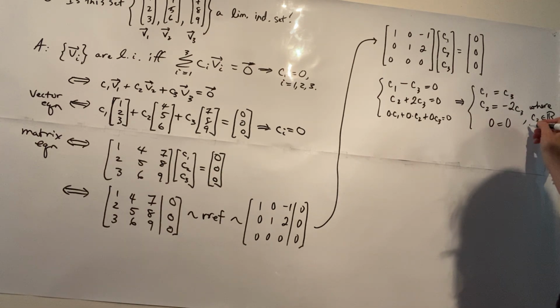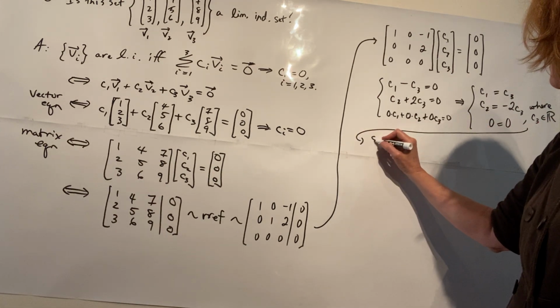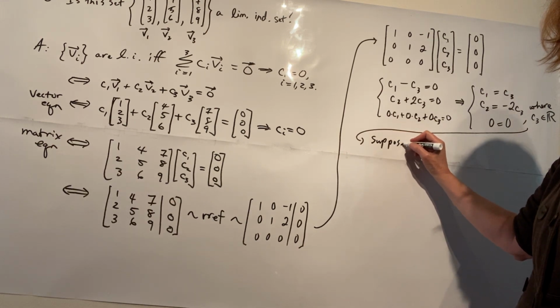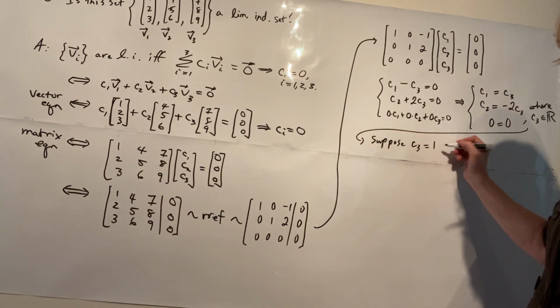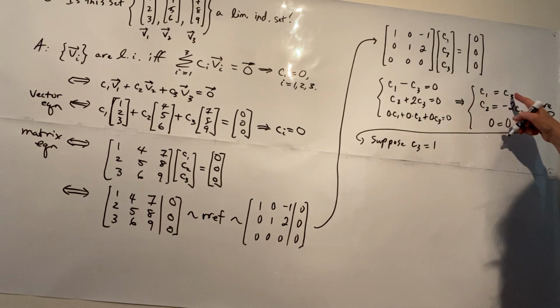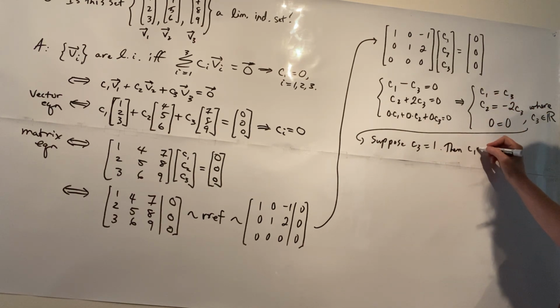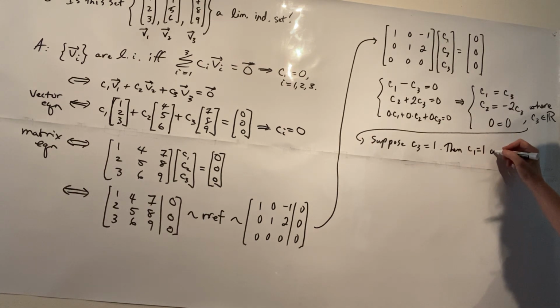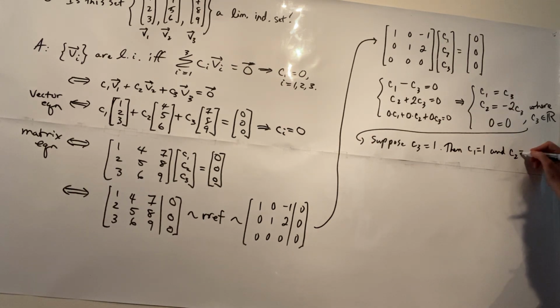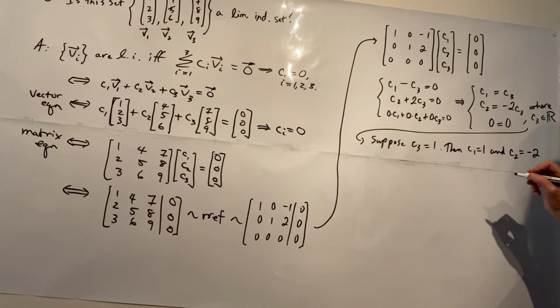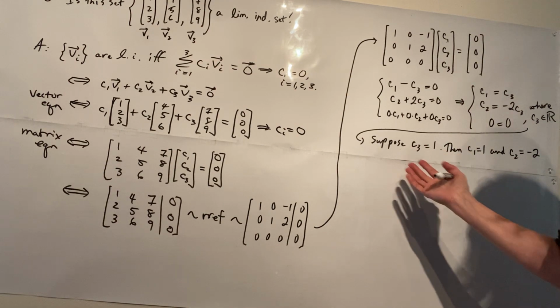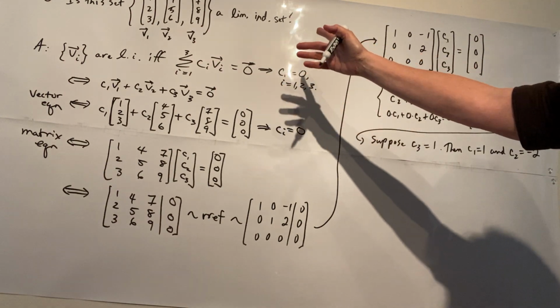Okay, well, we'll try one. So suppose C3 is equal to 1. What does this say? Then C1 will be equal to 1, and C2 will be equal to minus 2. Okay, what does that have to do with our question about whether that's a linearly independent set?